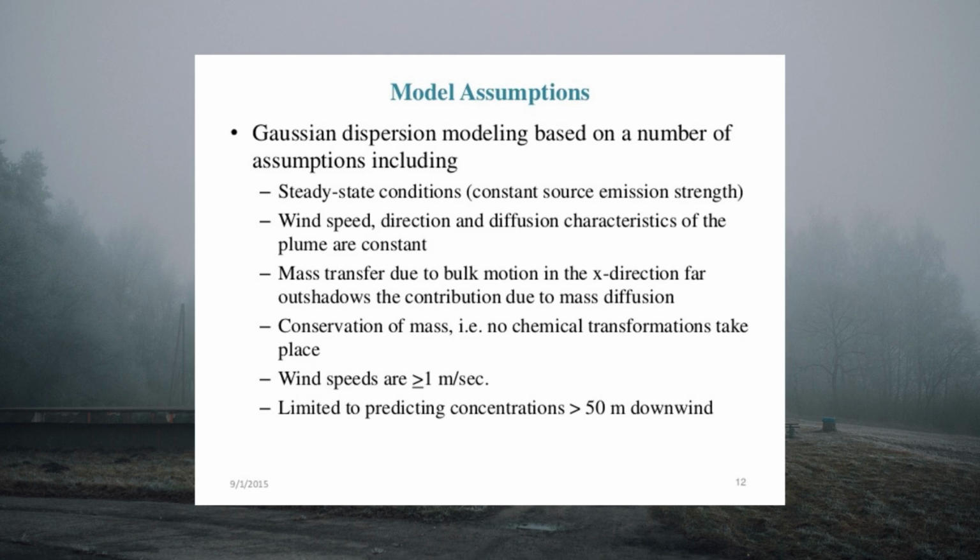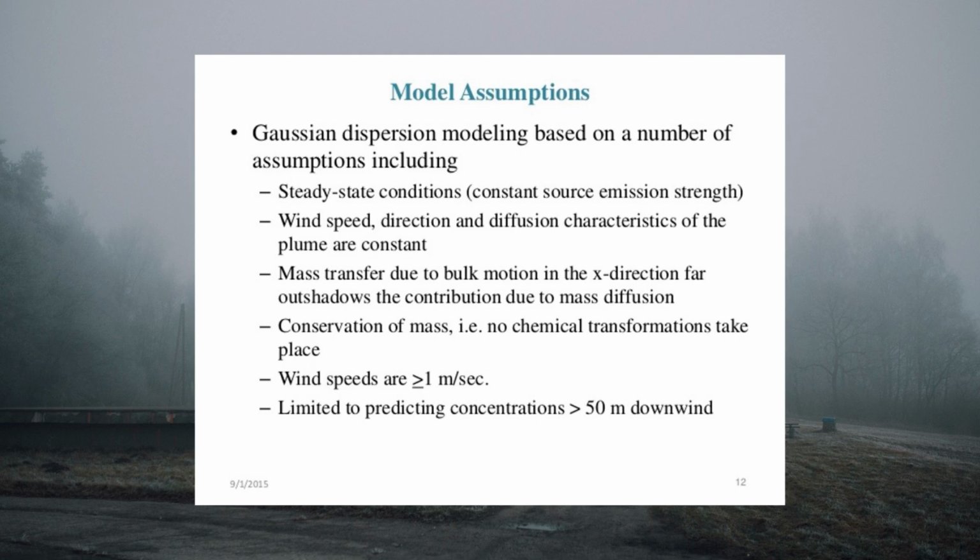So if there is any change in the strength of the emission, the model cannot predict it. The wind speed, direction, and diffusion characteristics are considered constant. The mass transfer due to bulk motion in the x direction far outshadows the contribution due to mass diffusion.